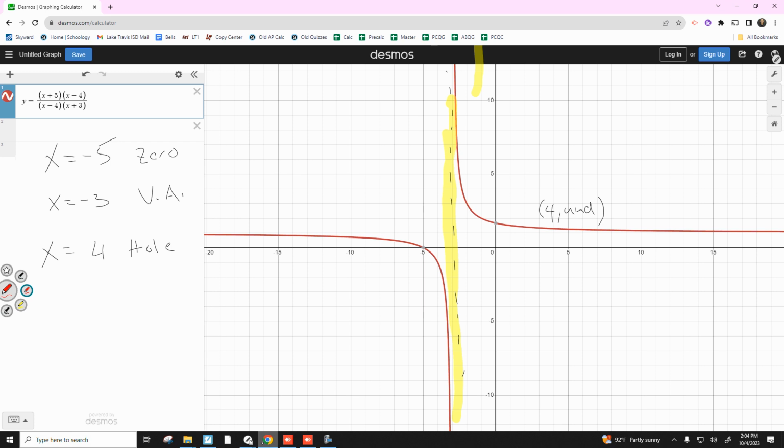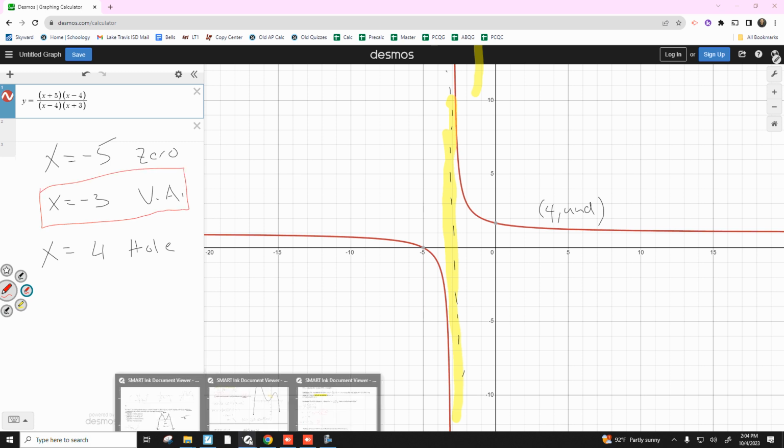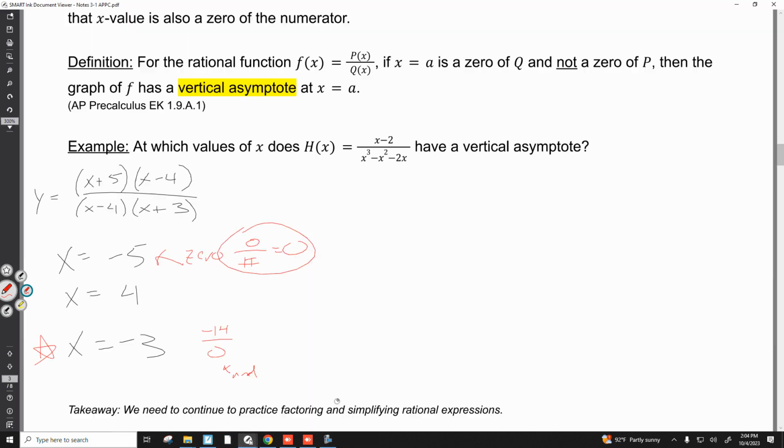At 4, I had this kind of undefined, a missing point that created a hole. So we can see visually that x equals -3 is a vertical asymptote. But the key that we're trying to figure out is why does a number over 0 tell us that that's a vertical asymptote? Why?